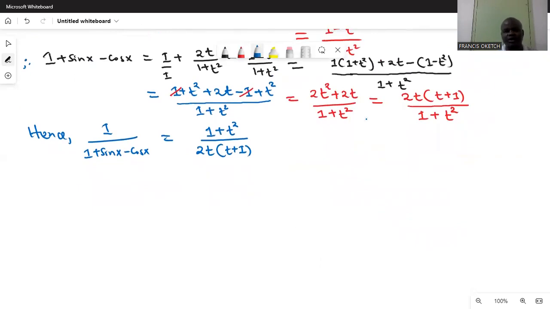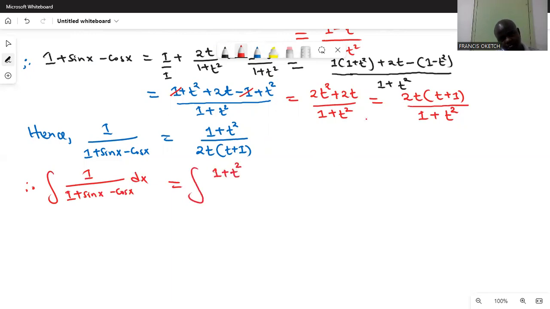So therefore, our given integral, the integral of 1 over 1 plus sin x minus cos x dx, if I substitute, will give us the integral of 1 plus t squared over 2t times t plus 1, and our dx is the same as 2 dt over 1 plus t squared.